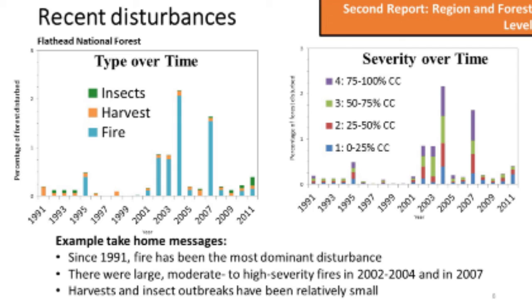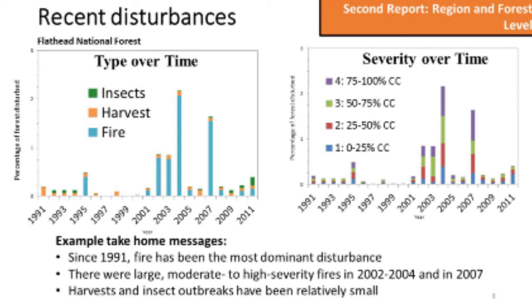In this case, we're looking at the Flathead National Forest, and what we see is that the maps tell us that we've had some pretty large fires in the early 2000s and again in 2007. That insects are starting to peek through towards the end of the time period, and that harvests happen at a relatively low level through the 90s and the 2000s.